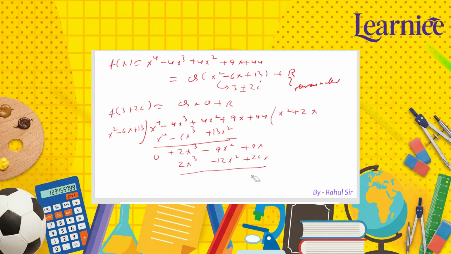Let's solve again. 3x square minus 17x. So again I will add 3 here: 3x square minus 18x plus 39.